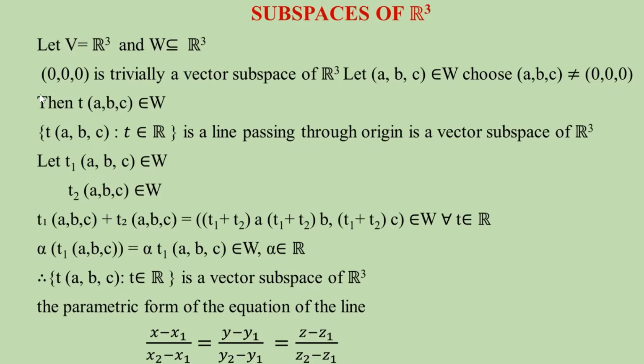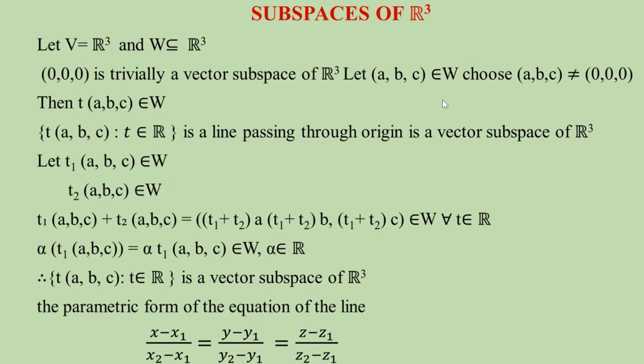First, the set of all 0, 0, 0. This is the origin, right? So 0, 0, 0 is trivially a vector subspace of R3. Now we take a vector a, b, c in W, which is not equal to 0, 0, 0.